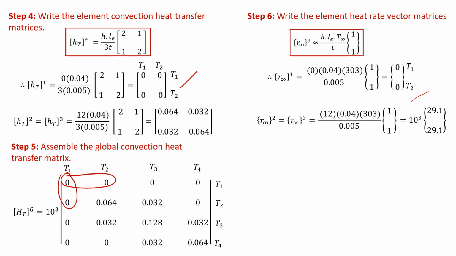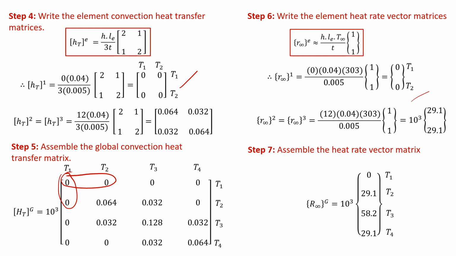The next step is to assemble these heat rate vectors to form the global heat rate vector as shown. Similarly, for row T1, we have a 0 value, as the heat rate vector for the first element is 0.